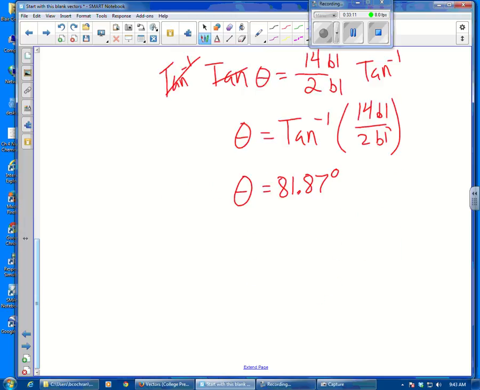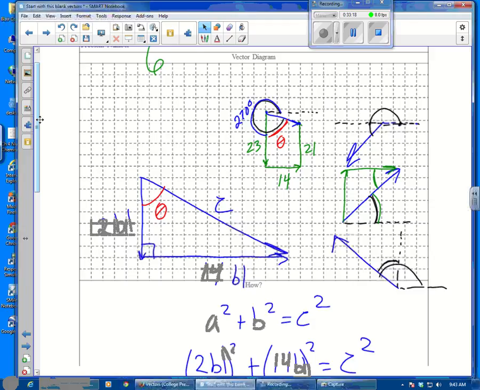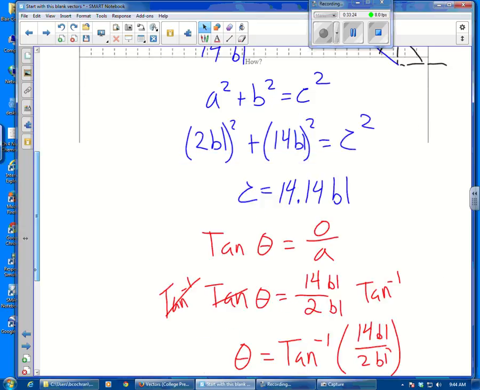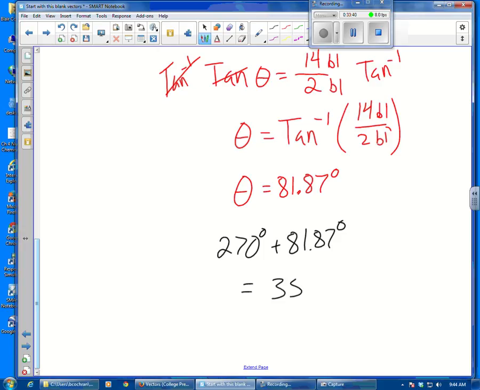degrees. Now, that's not my answer yet, because if I look back up here, I wanted this whole big angle. So in my case, it was 270 plus that. So my final answer is going to be 270 degrees plus 81.87 degrees, which is going to equal 352 degrees.